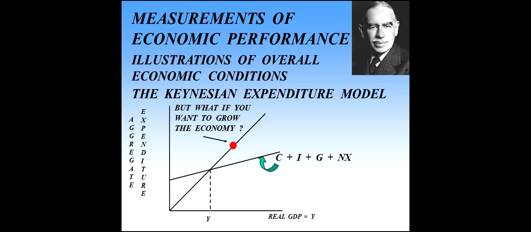But now let's take it a step forward and let's put ourselves in Keynes's shoes, and he would say something like this based upon the example we've just looked at. He'd say, okay, but what if you did want to grow the economy up to that point on real GDP that the expenditure level should really result in from a market equilibrium standpoint?